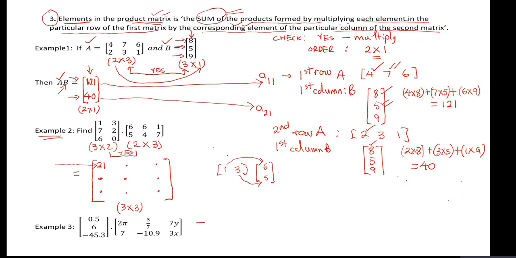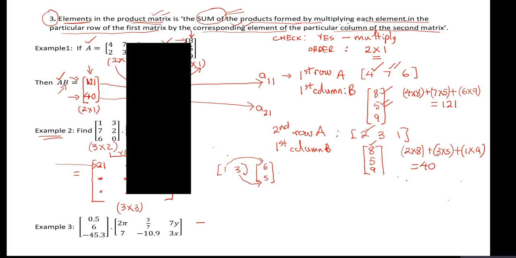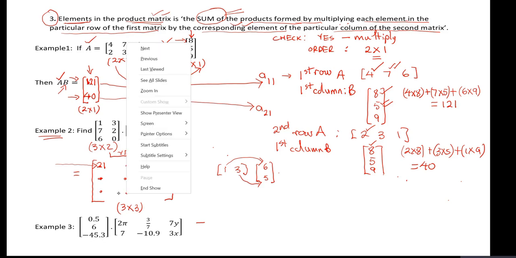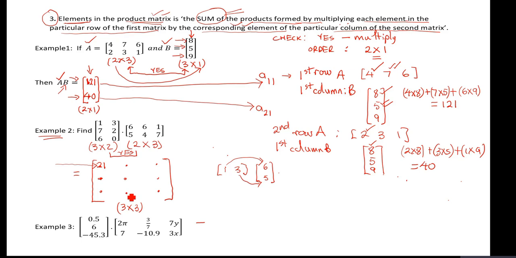Did you get that? Now, I'm not going to go in any particular order. I'm going to jump around. Let's find this one here. This one lies in which row? Third row, second column. So what do I multiply?